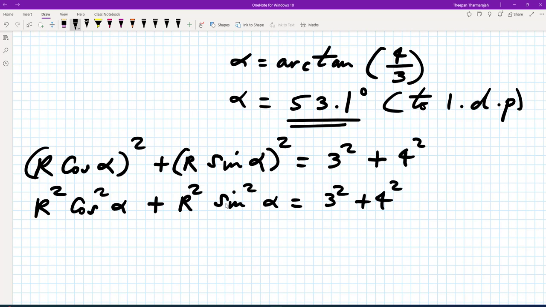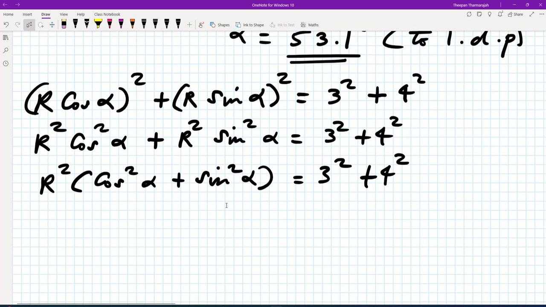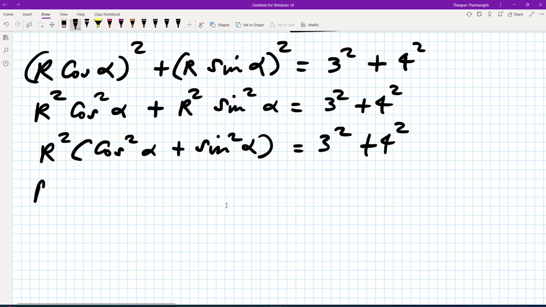But we can factorize r squared out. But we know a well-known trig identity that states that sin squared x plus cos squared x, or sin squared alpha plus cos squared alpha, in our case is 1. So we could say that it's the same as r squared.